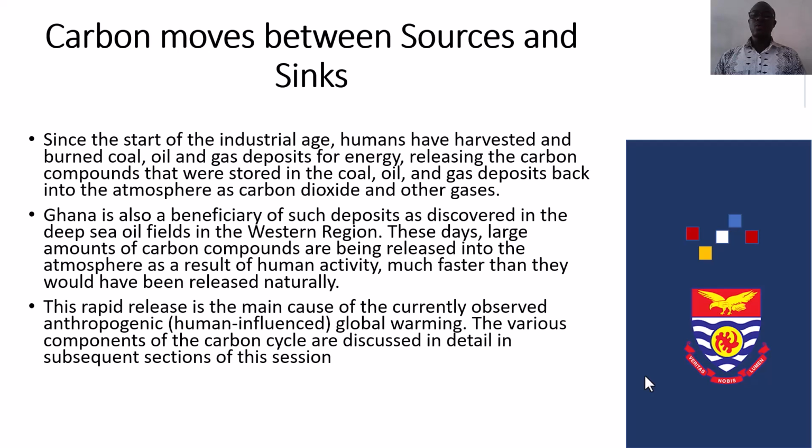Ghana is also a beneficiary of such deposits, as discovered in the deep sea oil fields in the western region. These days, large amounts of carbon compounds are being released into the atmosphere as a result of human activity, much faster than they would have been released naturally. This rapid release is the main cause of the currently observed anthropogenic global warming. The various components of the carbon cycle are discussed in detail in subsequent sections of this session.